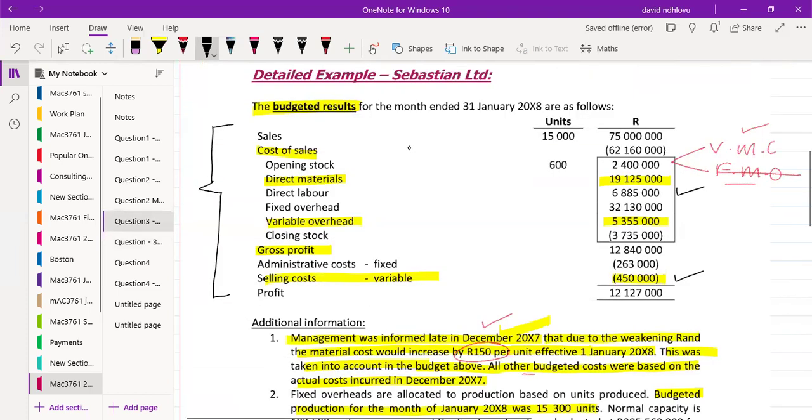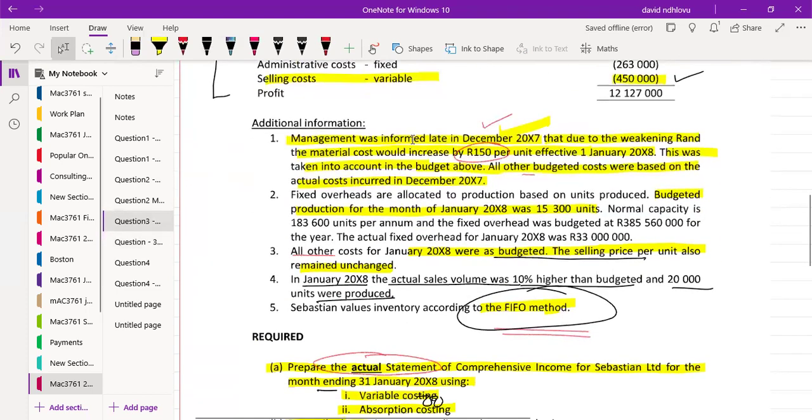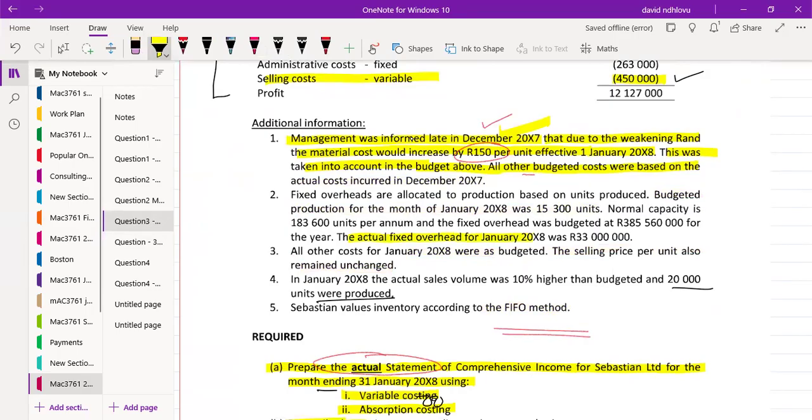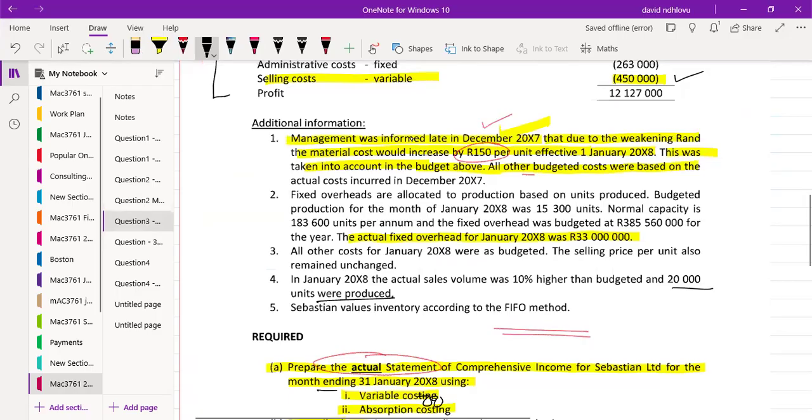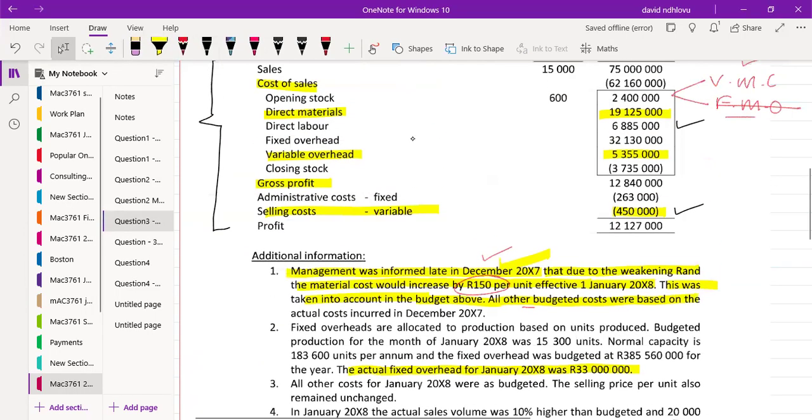Right, so the actual fixed manufacturing overhead cost was given here. Right, when they say the actual fixed overhead for January, 33 million. Right, so we have 33 million. Right, what other cost do we have that is non-manufacturing? We have the fixed administrative costs.